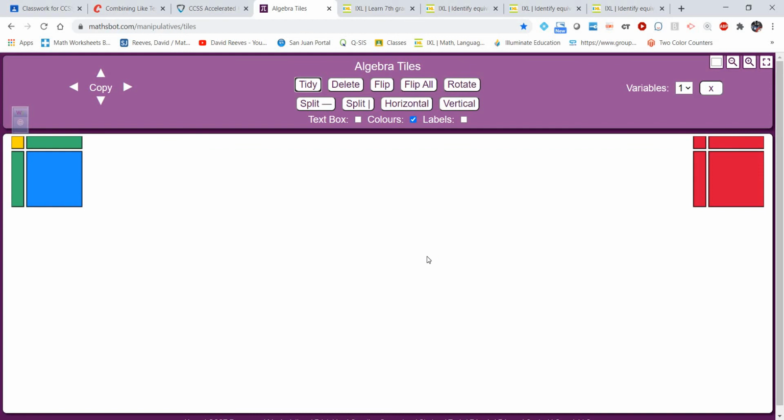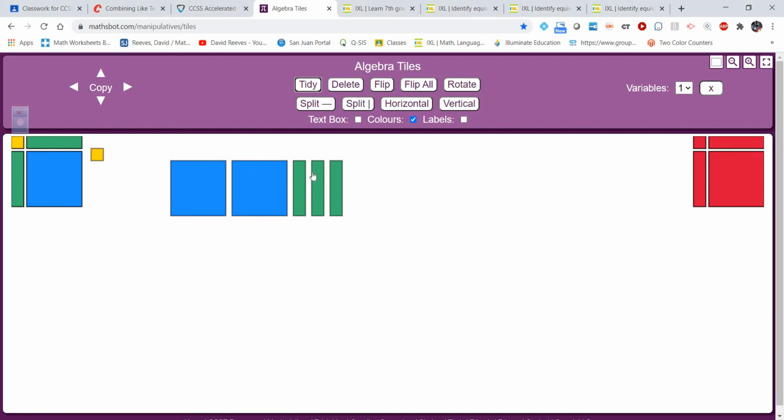All right, so let me create an expression and then ask you how we could simplify it, okay? So I'm going to go 2x squared, and I think I'm going to stick with all vertical here. All right, 3x plus, let's see here, can I grab it? 1, 2, 3. All right.